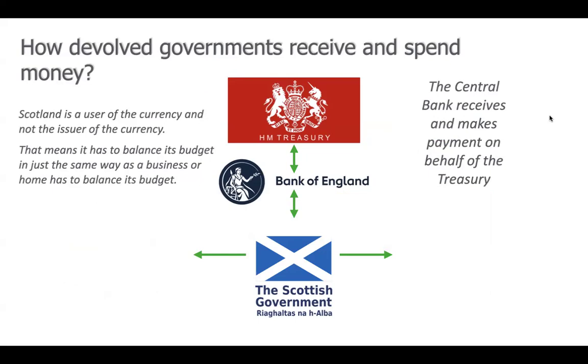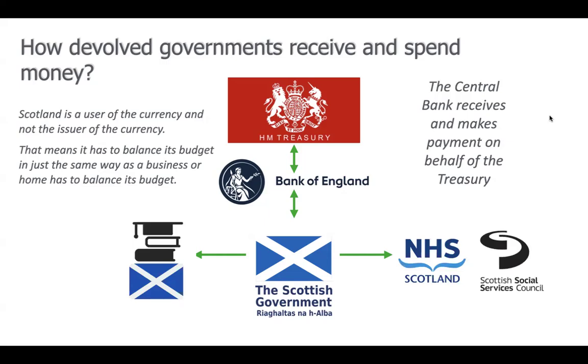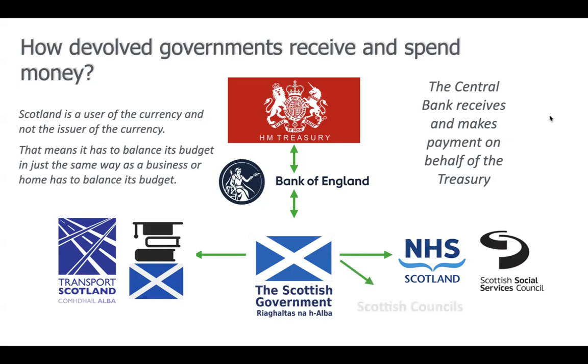And I've just illustrated this particularly for Scotland, but it would apply to all the other devolved area governments as well, where the Scottish government has this pot of money and can distribute it amongst the different departments responsible for the areas of policy that are devolved matters, like the National Health Service in Scotland, Scottish Social Services, the Education Department, Transport, and Scottish councils also receive a bit of the pot. And the Scottish councils have to function in the same way.